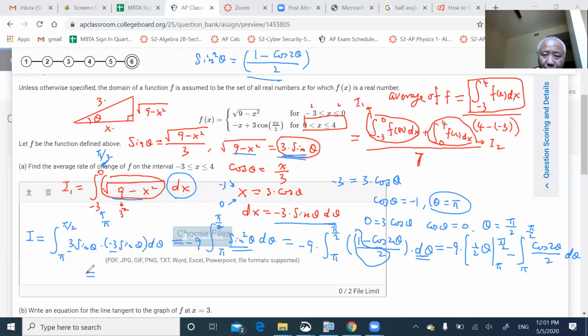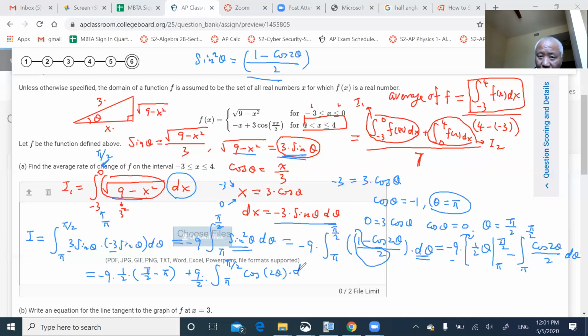Now, from here, what we can do is this. In this part, I multiply the -9 in, so you have 1/2 theta substituting pi over 2 minus pi. And then -9 times this negative is +9 over 2, integration from pi to pi over 2 of cosine 2 theta.